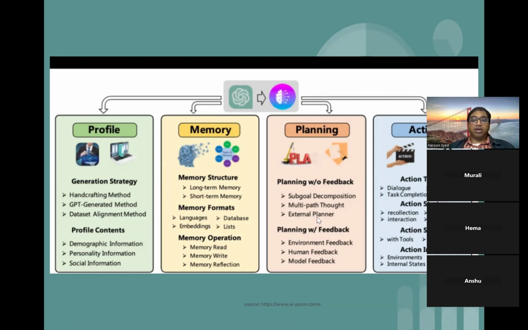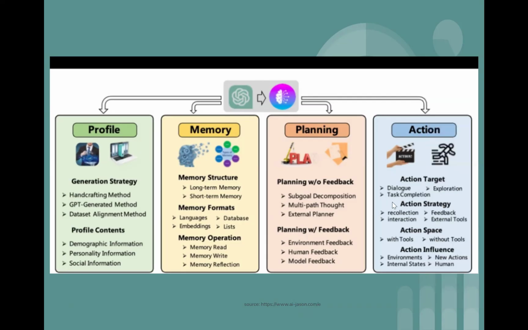Planning: how it plans your task, breaks down the task, and then sends it to multiple agents or tools to get back the information. So that is your final action. It can also do exploration, recollection, feedback, all of this. Okay, so this is just one kind of model or framework that they talk about. It's not a rule or something that every agent has to go through like this.